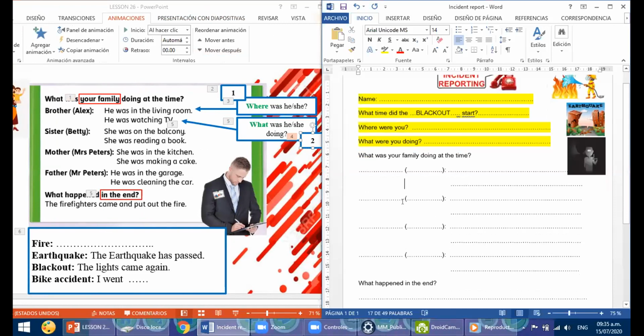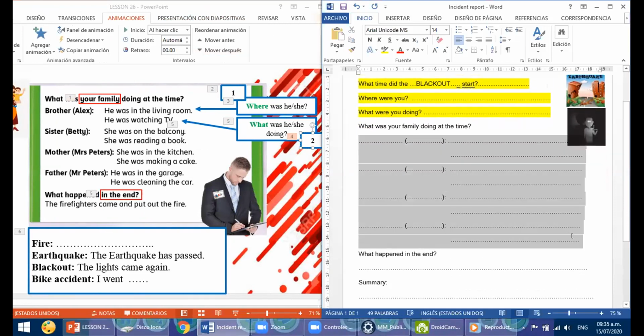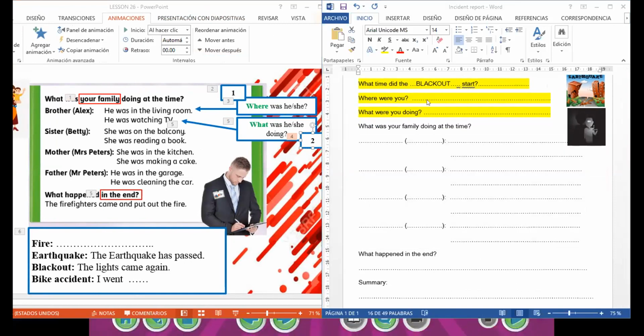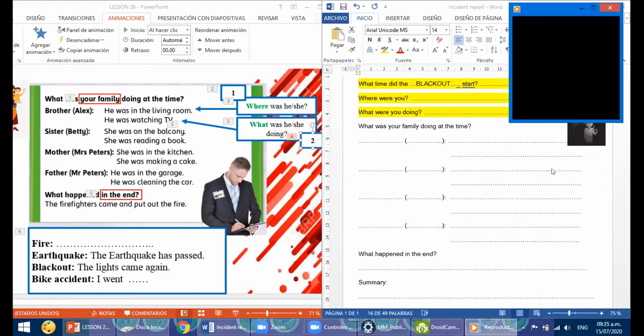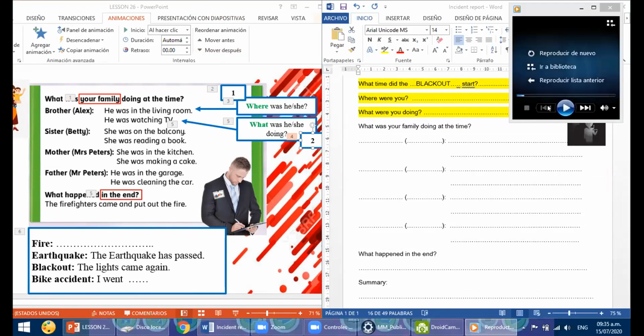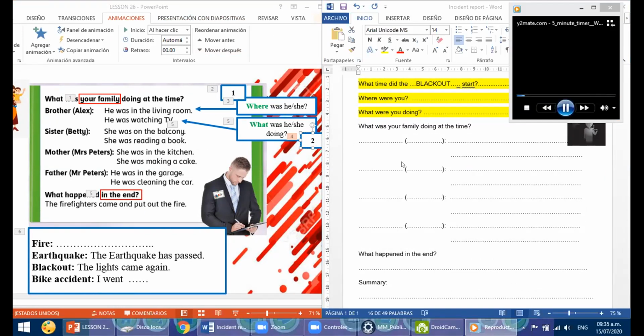Complete this part now, five minutes. It's not difficult, huh? Only eight sentences. Let's work, please. Five minutes more, okay? Then some students are going to read these sentences.